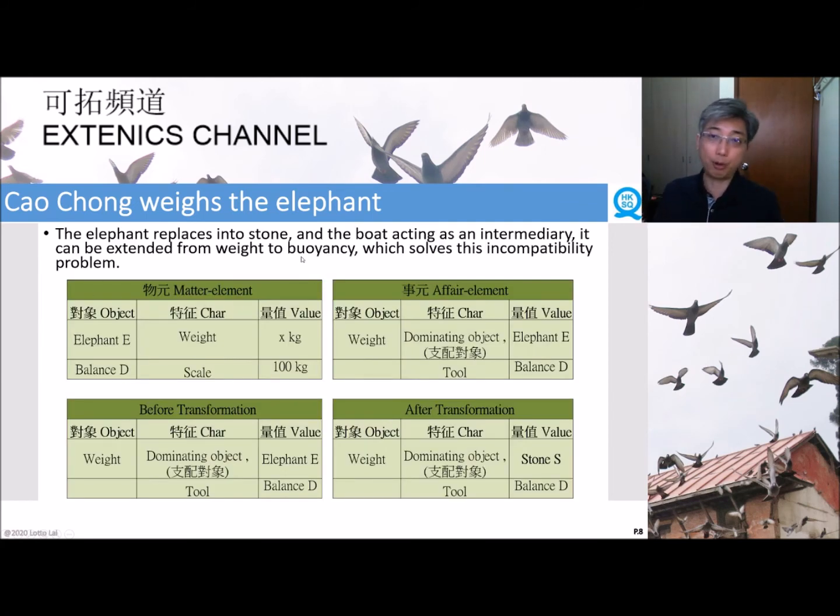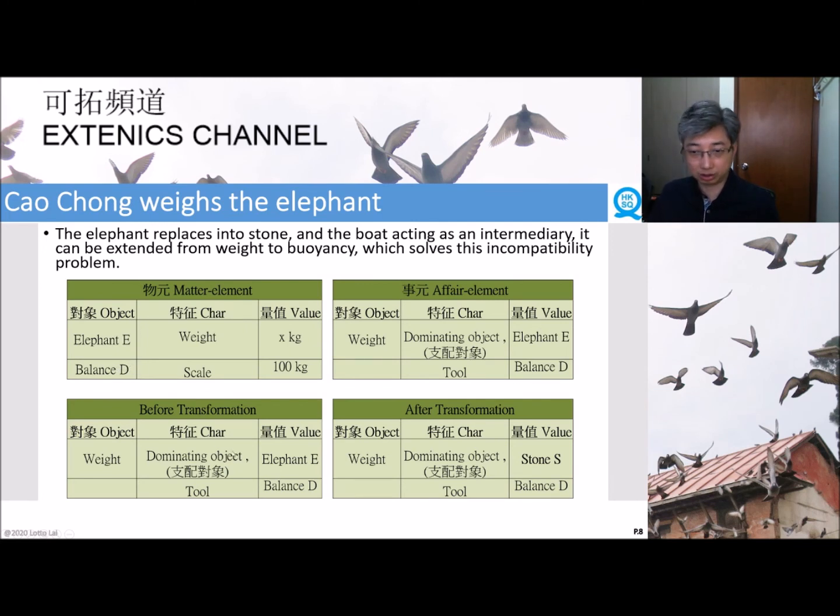In this table, we expand this transformation using the basic element. You can see the elephant weighing in kilograms, the balance scale of 100 kilograms is a matter element, but the weighing is the action, which is the affair element. The dominant object is the elephant, and the tool is the same balance.